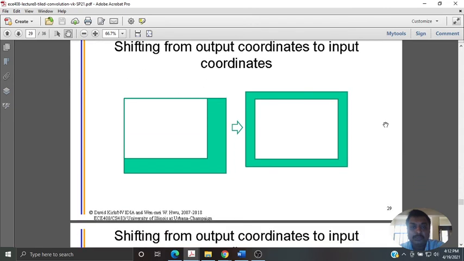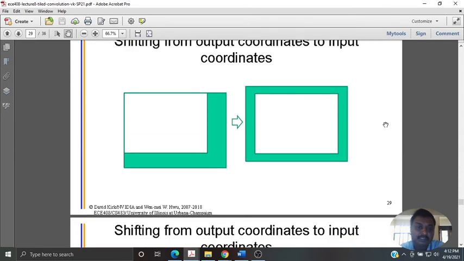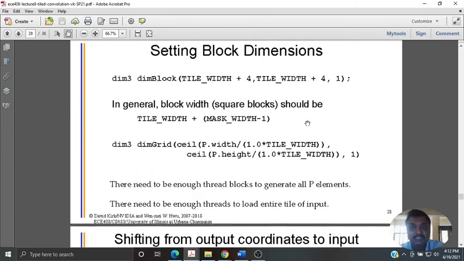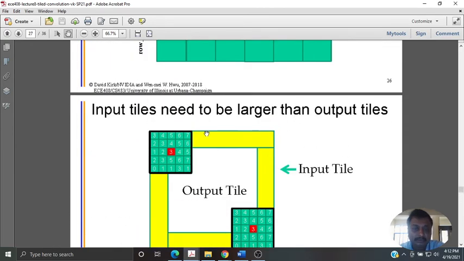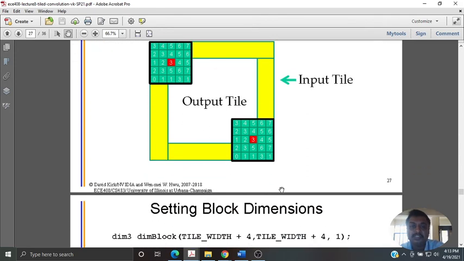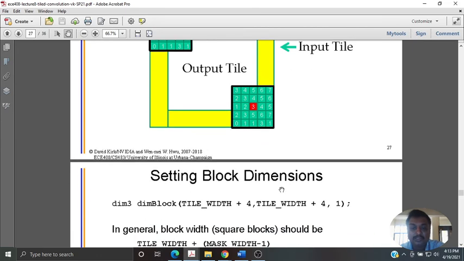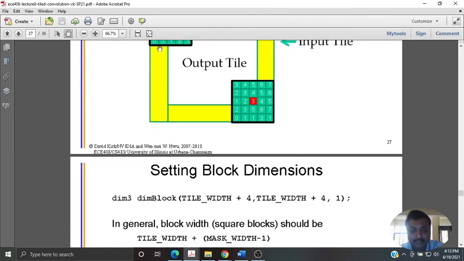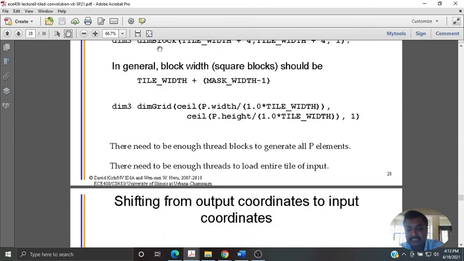Shifting from output coordinates to input coordinates, how it happens is basically you align it center-wise. Why 4 elements? Again, vertical direction 2 elements and horizontal direction 2 elements, hence plus 4, plus 4, so that the output tile is smaller, or you have enhanced the input tile by plus 4. So 2 elements over here, 2 elements over here. That's how the indexing has been showcased.